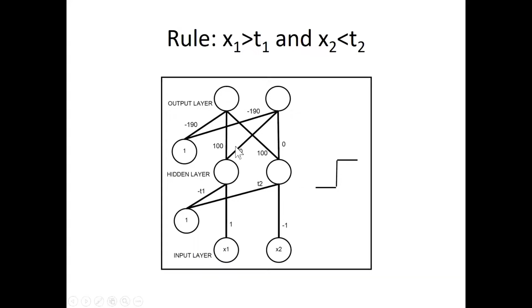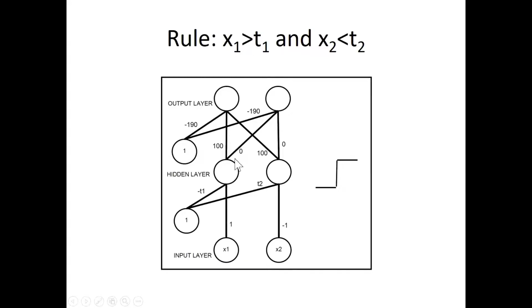To perform the logical AND, when this neuron is activated, we have +1 for this neuron because of the step function. Also for this second neuron, so 1 times 100 plus 1 times 100 is 200, minus 190 is equal to 10. Then the sigmoid function gives this neuron 1, and this second neuron is 0.